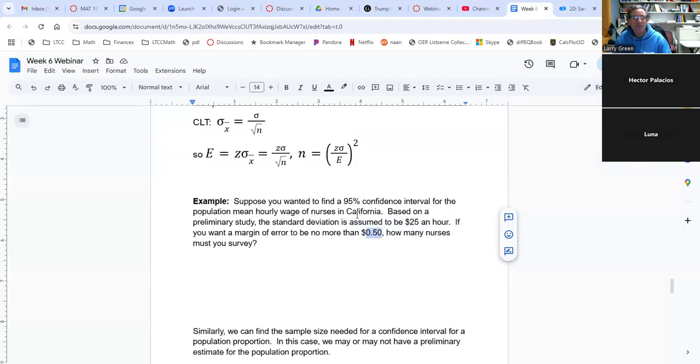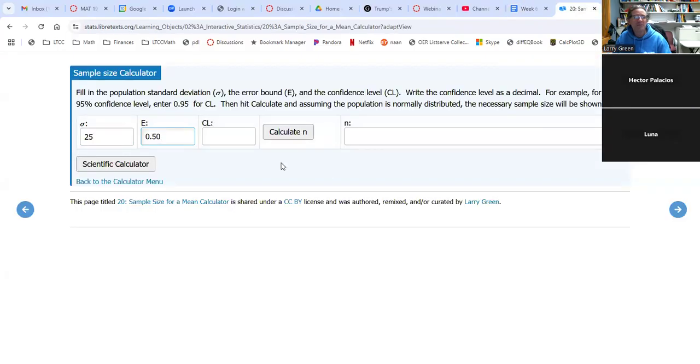Confidence level, we want a 95% confidence interval. So that's going to be 0.95. And I calculate it.